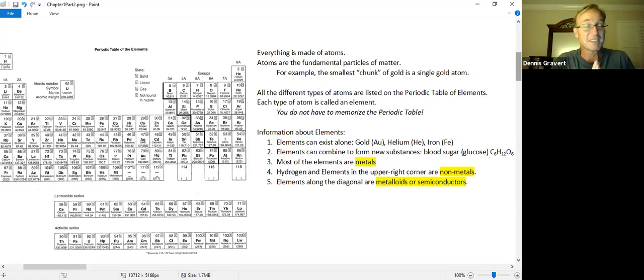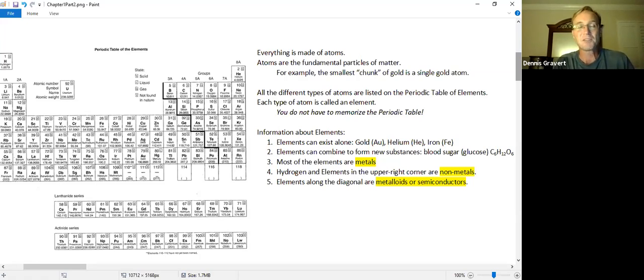So at the very, very beginning of learning how to do this thing called chemistry, we make a fundamental assumption. We say that everything in the world around us, you, me, the desk, the air, water, everything is made up of atoms. What's an atom? Well, it's the tiniest piece of material.